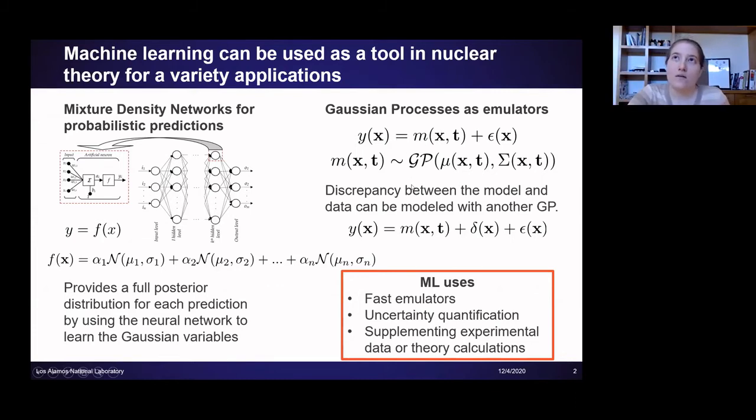This is also used in many places for fast emulators. You can also use Gaussian processes to model the discrepancy between your model and data, where maybe there's a systematic shift, or in some regions of your model space, maybe there's physics missing that you don't quite get up to where the data should be. A Gaussian process is also a nice tool to be able to model this discrepancy.